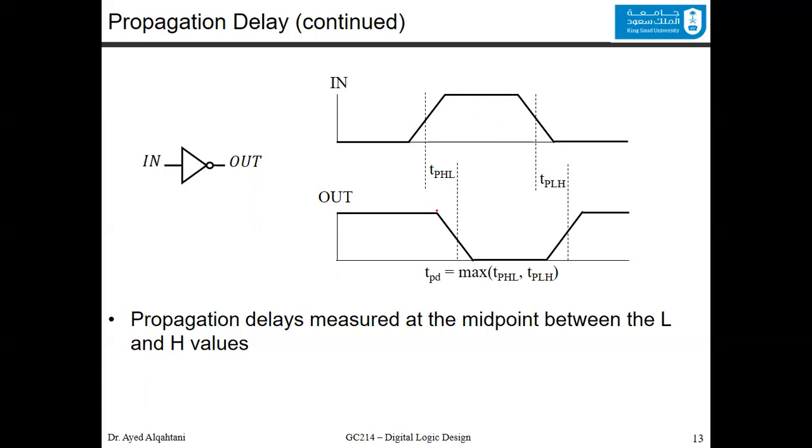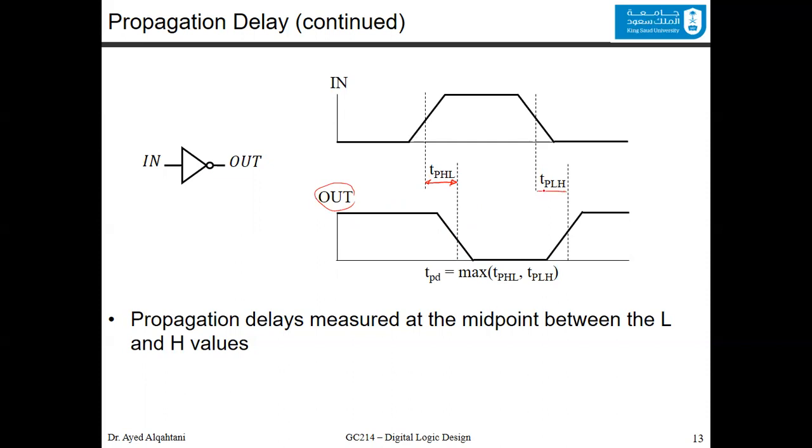In addition, you will have a certain delay between the input and the output. This delay is called TPHL, which is the propagation time from high to low. Notice that we define this time with respect to the output.